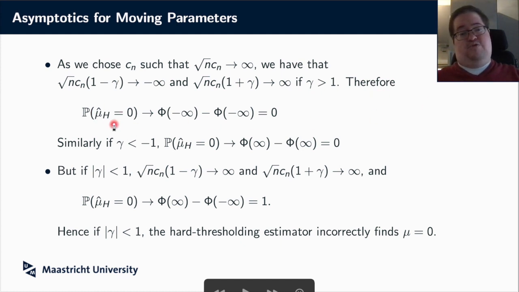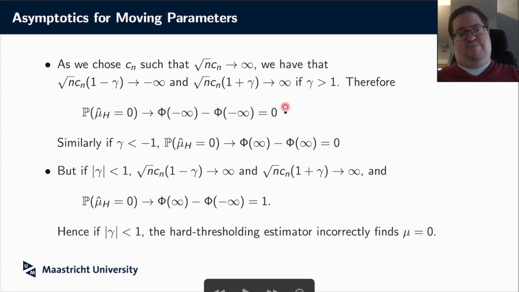So if we do that, then the probability that we set our estimator equal to 0 is going to converge to phi of minus infinity minus phi of minus infinity, which is 0. Same if you take gamma smaller than minus 1. Well, so far so good, because we actually have a non-zero mean, and we end up with a probability of setting it equal to 0 of 0.